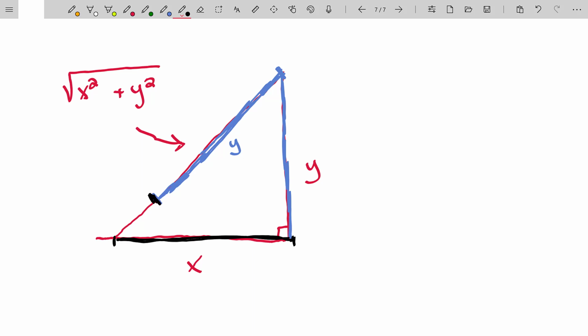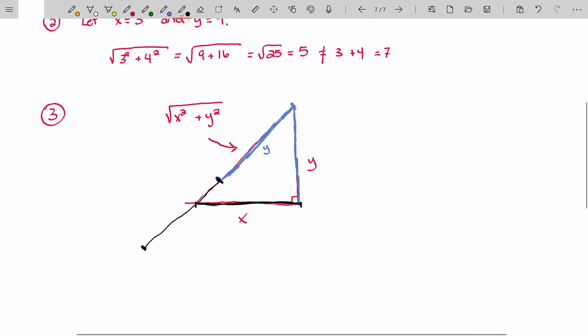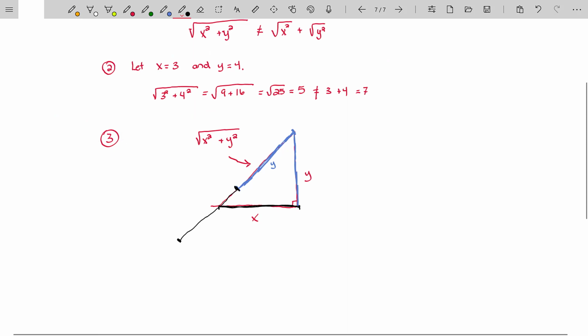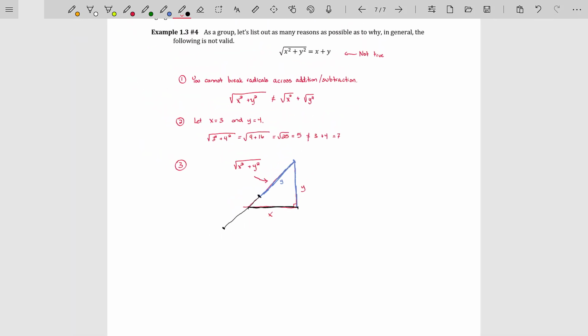Well, if I were to try to attach to this a length of x, it's much longer than x plus y, that is. It's much longer than the square root of x squared plus y squared. So visually, it does not work out either. So that's just a little kind of an interesting approach to doing this. It's not exactly a proof, but it's a great justification visually.